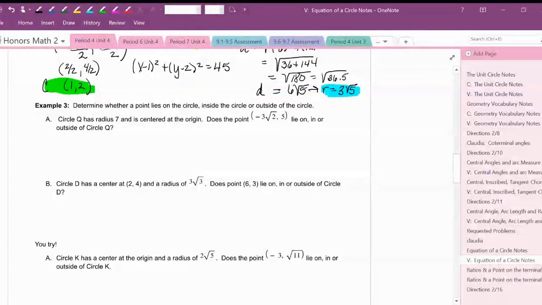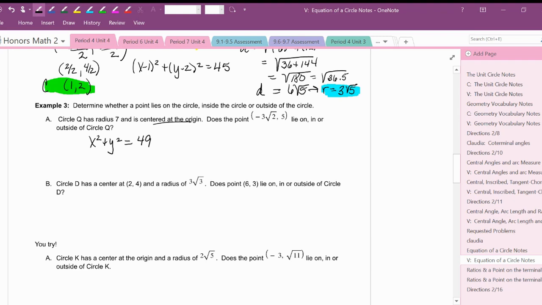Right. Our next example asks us if a point is on, in, or outside of the circle. And again, our jumping off point is going to be our equation of the circle. So we're centered at the origin. So this time we have x squared plus y squared equals r squared.